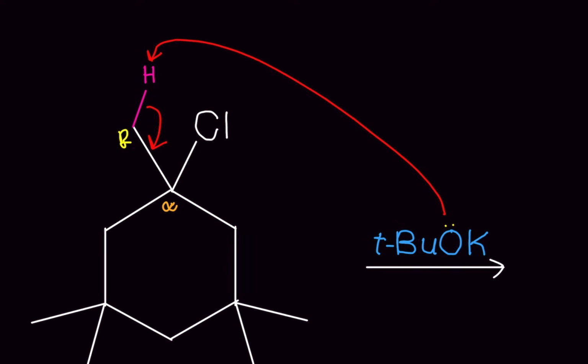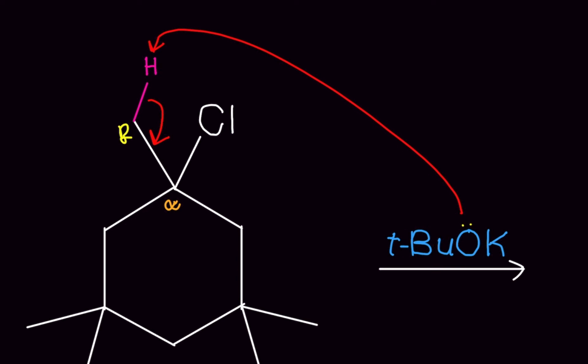Now you'll notice that the alpha carbon will now have 5 bonds. That's illegal. Because look at this: 1, 2, 3, 4, and now 5 from the double bond. So something must leave. And that something is always the halogen. It's the alkyl halide. So we basically delete this from existence. It's still there, but it's gone.